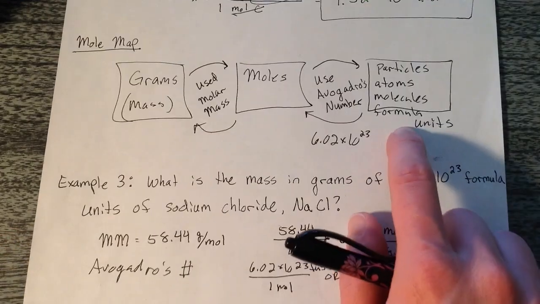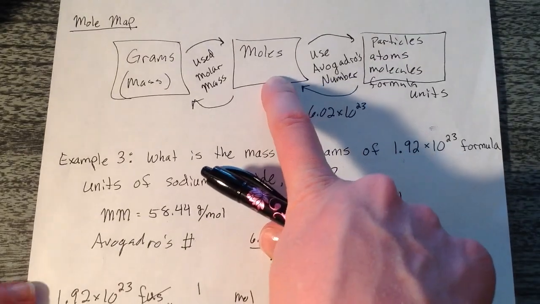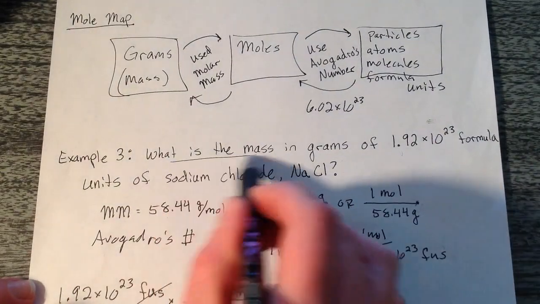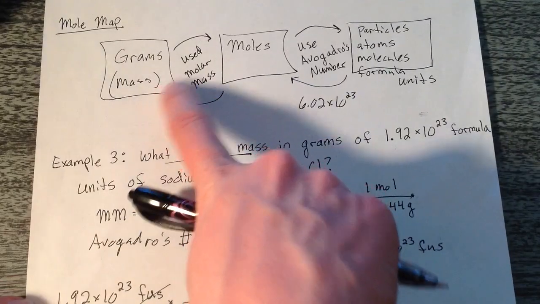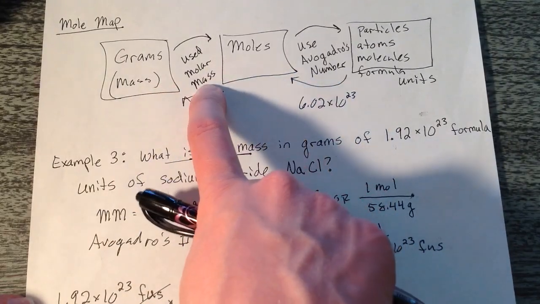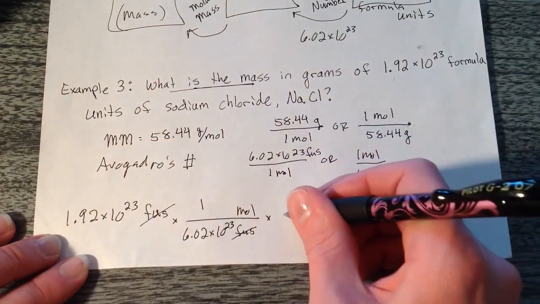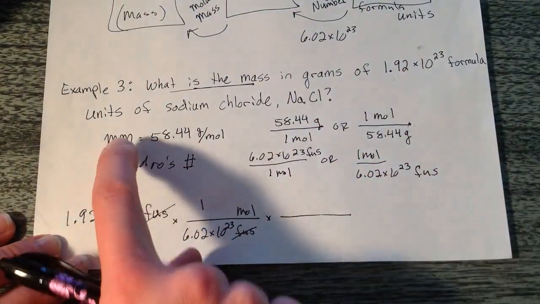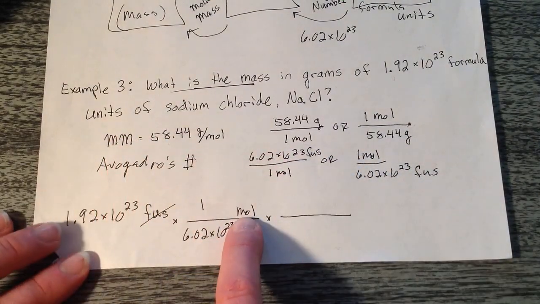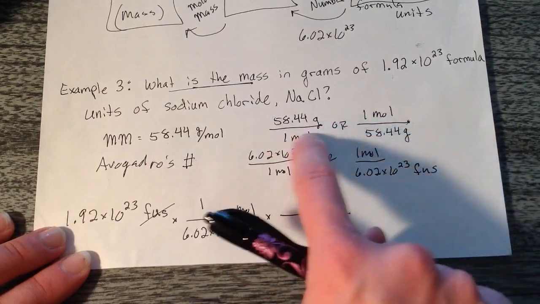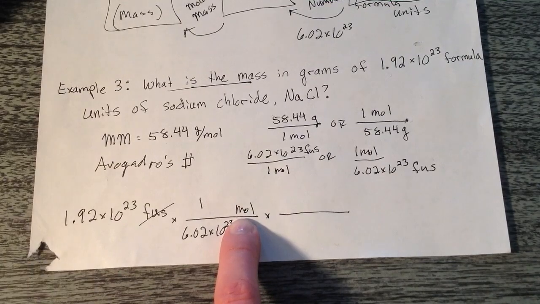So I started here. I used my Avogadro's number to get to moles. It is asking for what is the mass. So I need to take it one more step further. So I have to use my molar mass to now convert it into grams. So my conversion factor next is going to be molar mass. And I want to cancel moles. Which of these conversion factors will help me cancel moles? Well, right now moles is on the top.